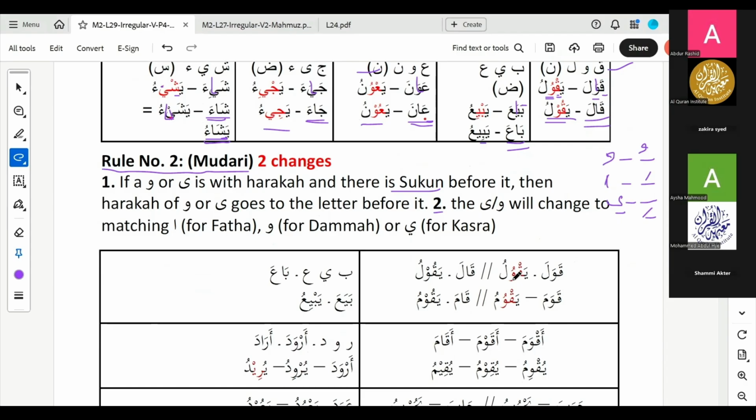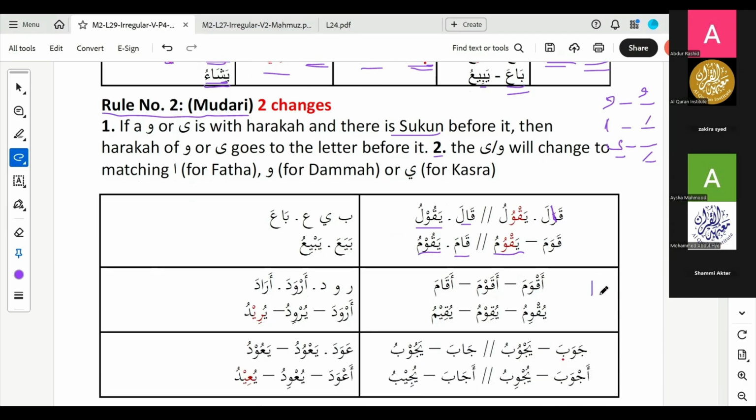Qawala, yaqulu becomes, this waw is prominent, and before that we have fatha. It becomes qala, madi. Yaqulu becomes yaqulu. Qawama becomes qama, madi. Yaqumu, transfer the harka, and related to the harka, the waw ya will get changed. Yaqumu.